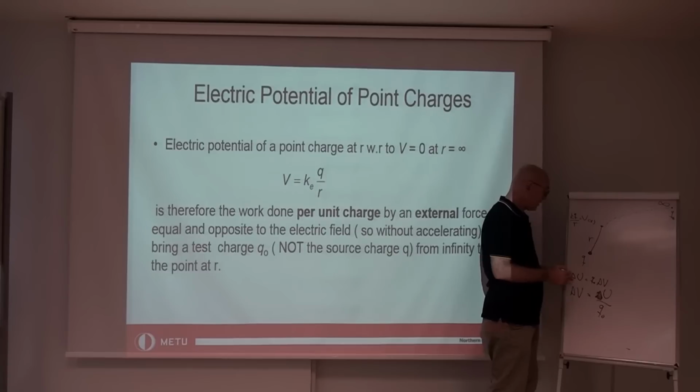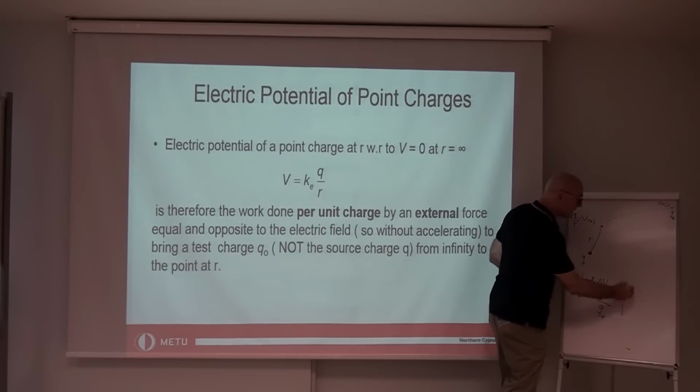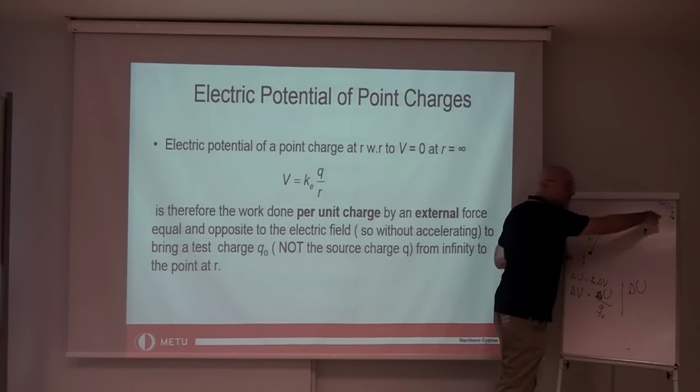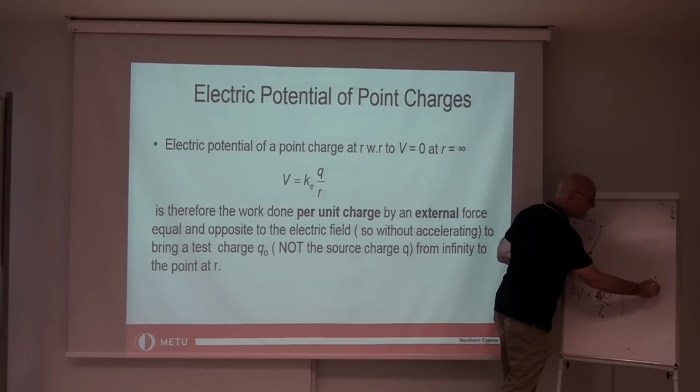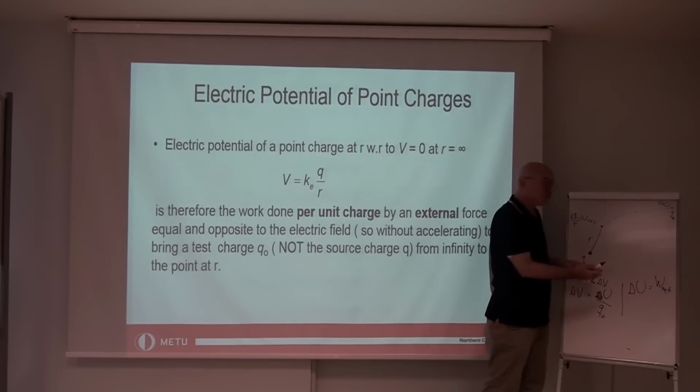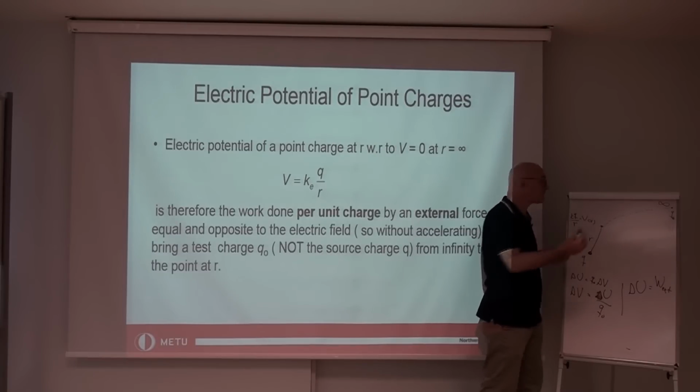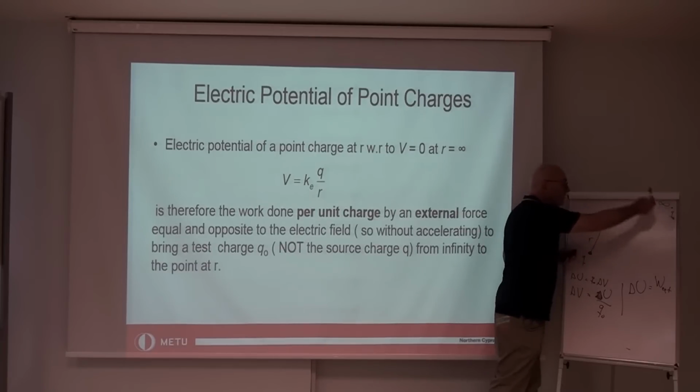Now the change in the potential energy of the two charge system, the source charge and this charge, is delta U, and this is equal to W external. This is our general result. The change in the potential energy of this two charge system is equal to the external work done by an external force to bring this charge from its initial position to the final position.